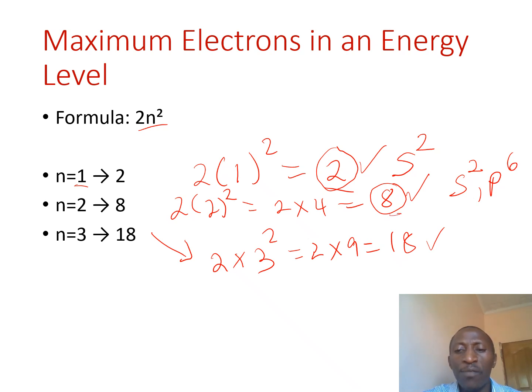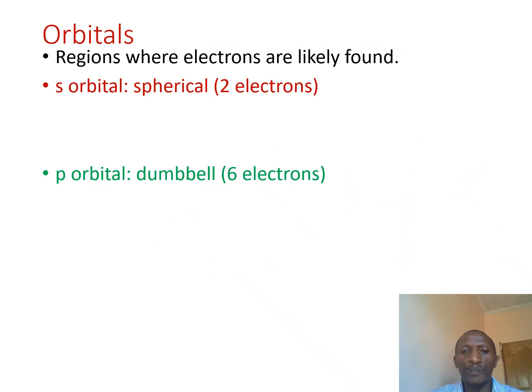In the third energy level, we have S holding a maximum of 2, P holding a maximum of 6, and another one which we call D. We shall study this one in further chemistry. It holds a maximum of 10. So if you do the totals, 2 plus 6 is 8, plus 10 gives you 18. Let's move on.